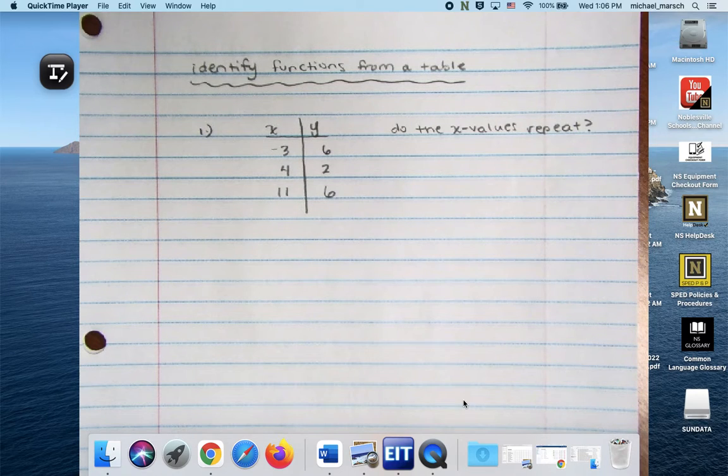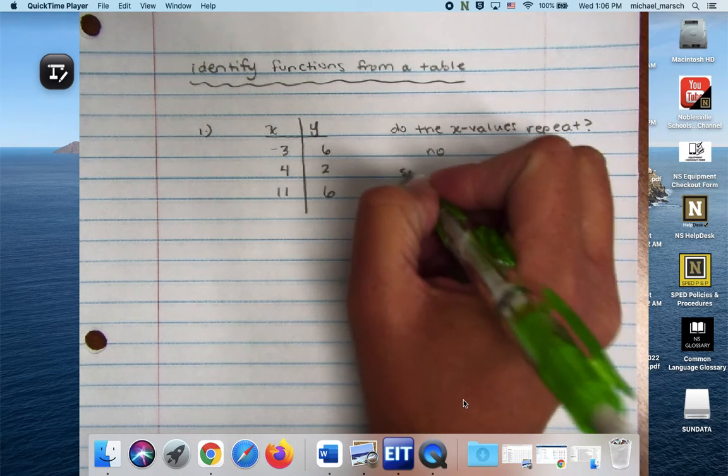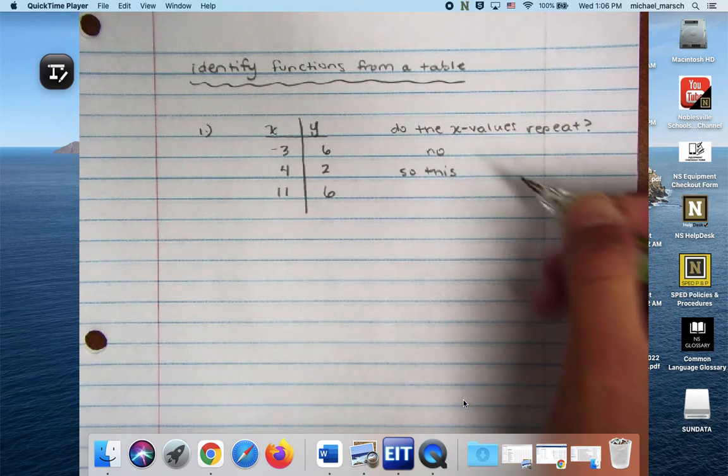So this is very similar to a mapping. Just looks like a table instead. Do the X values repeat? Nope. It is a function. I appreciate your enthusiasm, PK.